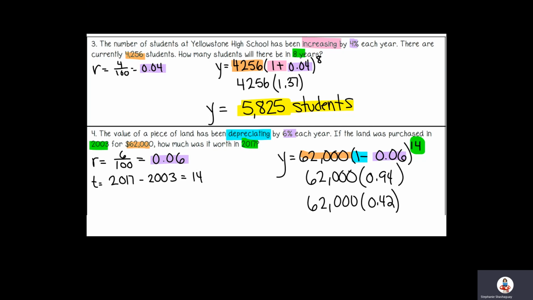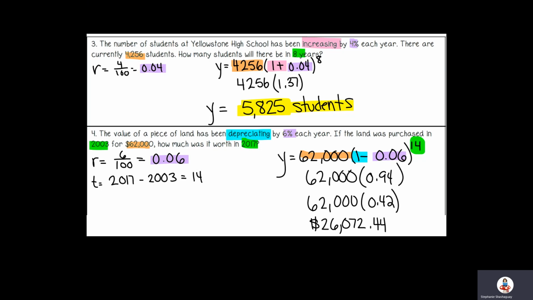The one thing I do like about real-world applications is you can tell right away if it's going to make logical sense or not. So when you multiply that by 62,000, you're going to get 26,072.44 cents.